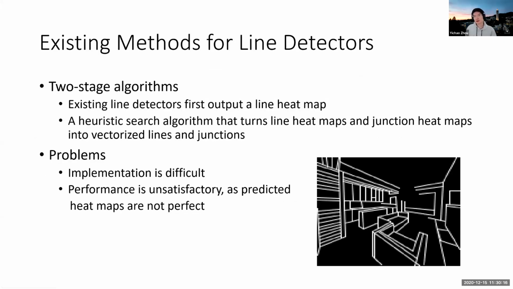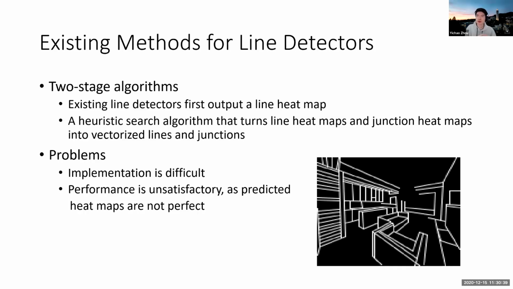Some background. As I mentioned, not only my work, but all the previous line detectors prior to this work follow some kind of two-stage algorithm. In the first stage, you filter the images by converting the RGB images into a line heat map.